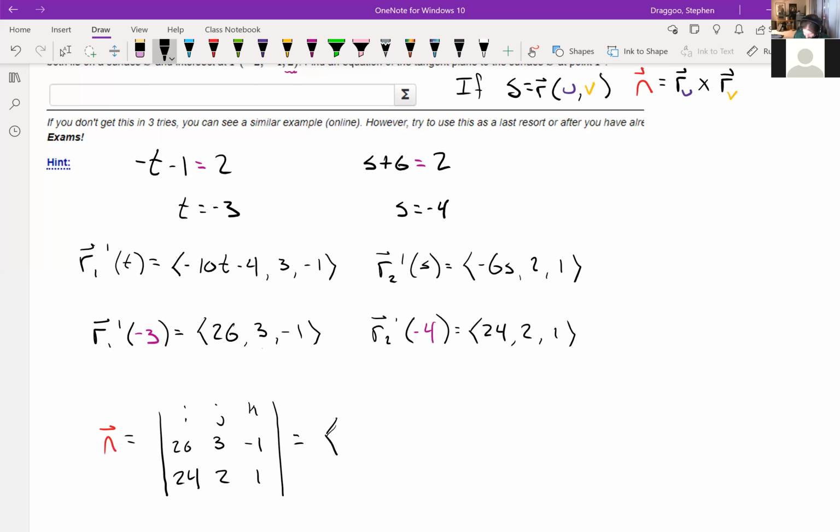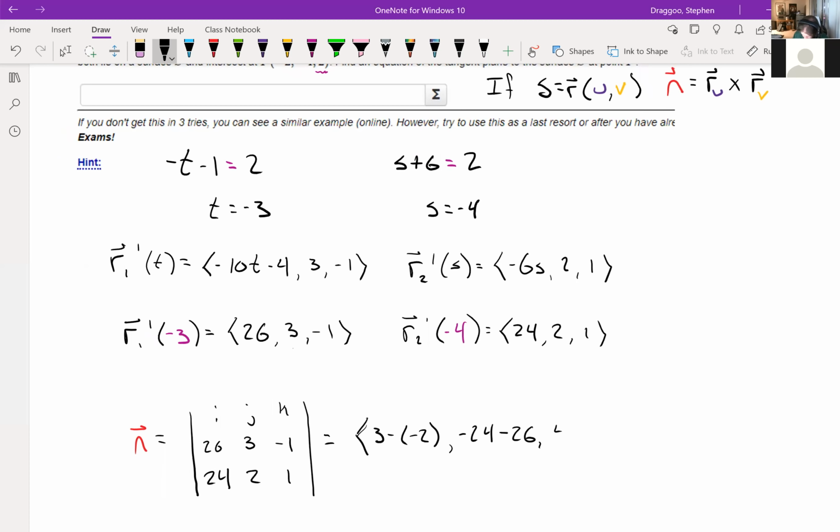So if I run through this thing real quick, 3 minus negative 2 for that K value. Let's see, I've got negative 24 minus 26. And for my Z value, what have we got here? 26 times 2 is 48. Minus 24 times 3, 72.